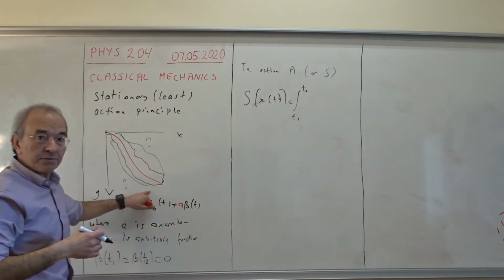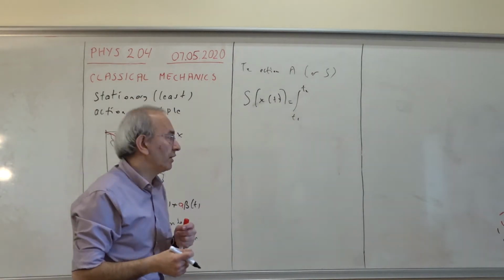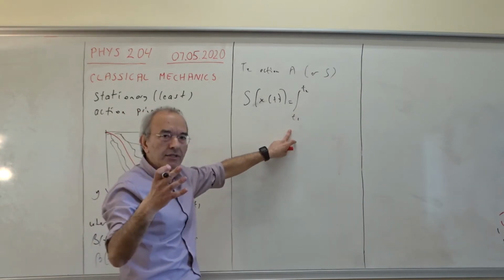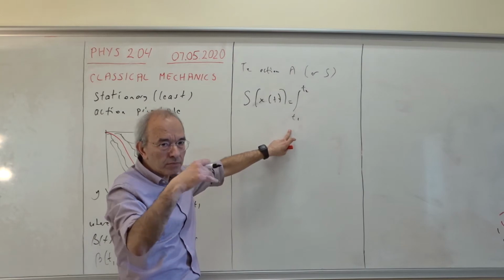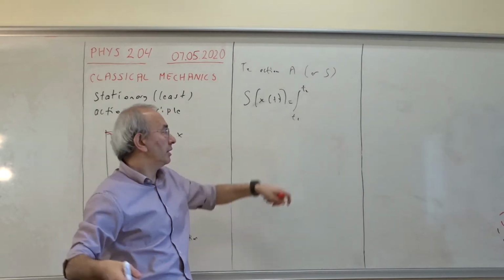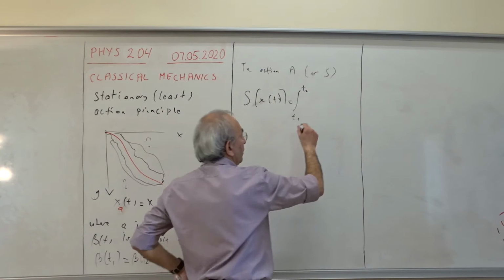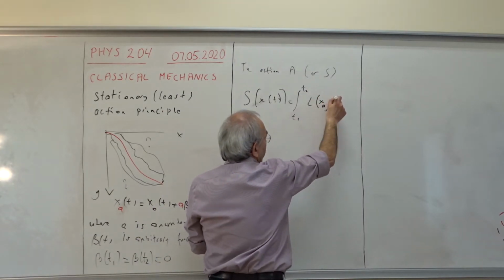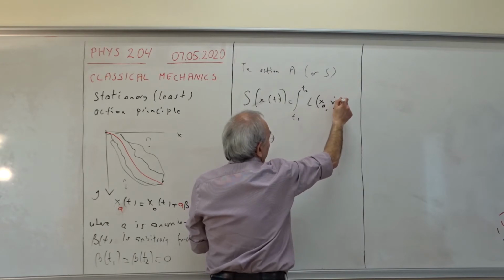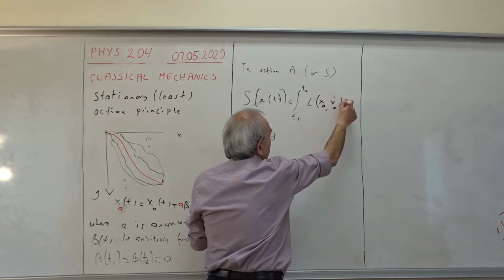Here we don't have time, but in the case of the Lagrangian, we have the initial time and final time. We will introduce the capital L, which is the Lagrangian. So in this case, we will have simply L of x_a and x_a dot, dt.